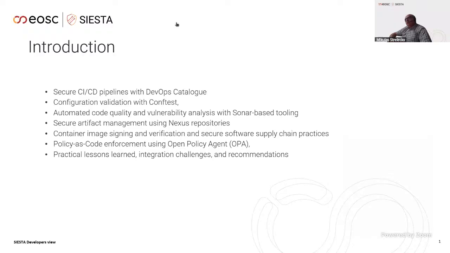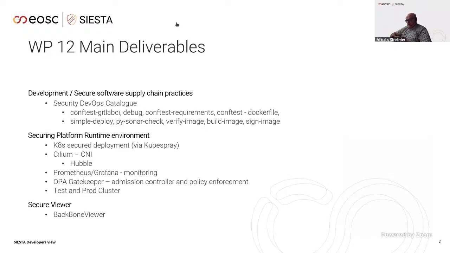And in the end, I will also touch on some practical lessons which I see from the use cases onboarding on the platform and using this tooling and these small pieces which we are contributing in what we call WP12, work package 12, focusing on security.